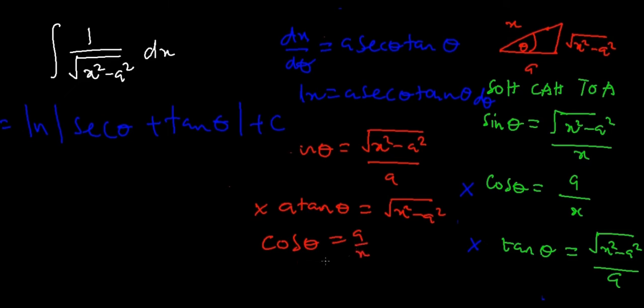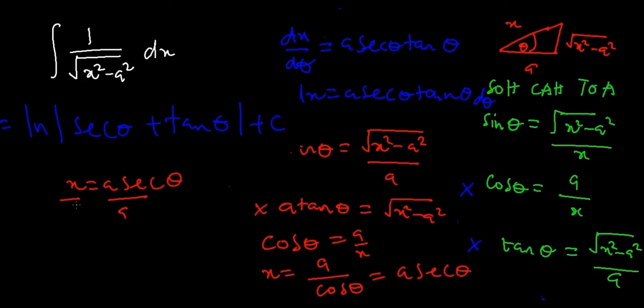So let's make x the subject. x will be equal to a divided by cosine θ, and this will be equal to a sec θ. Now that x equals a sec θ, let's divide by a so that you can make sec θ the subject. So sec θ will be equal to x over a.